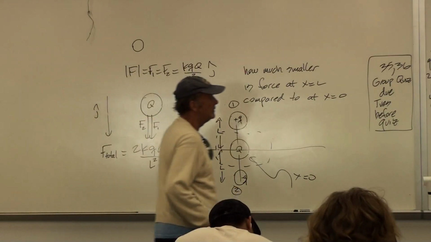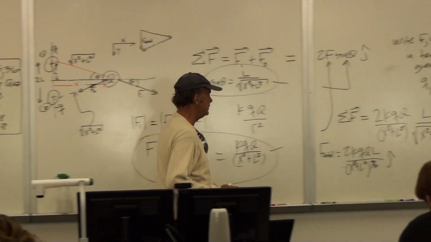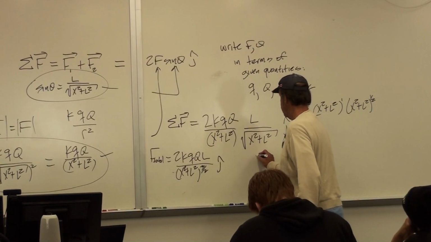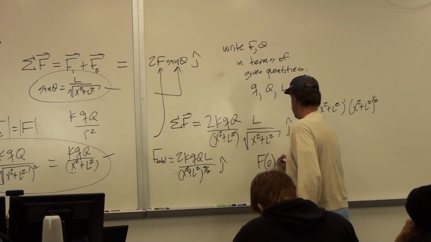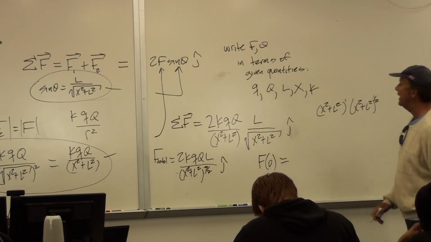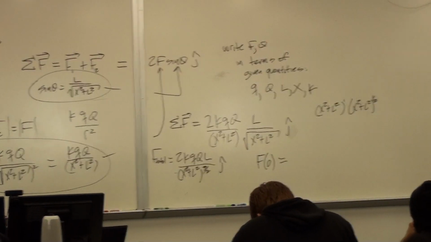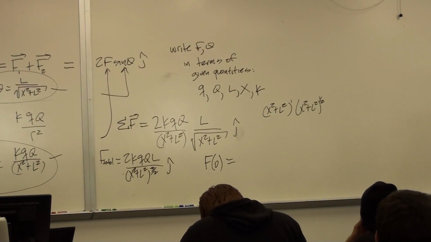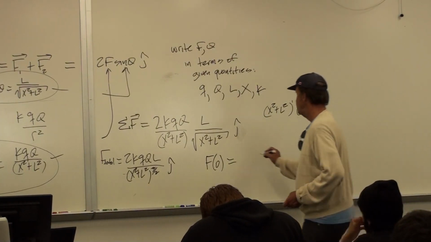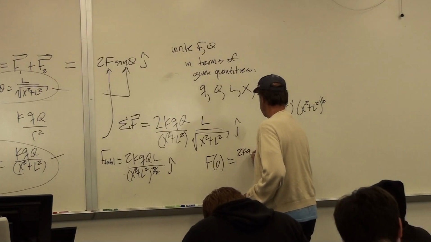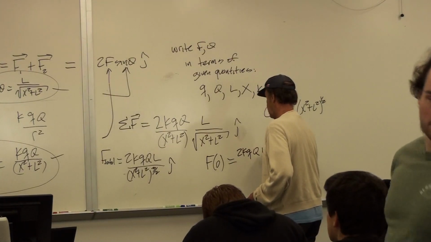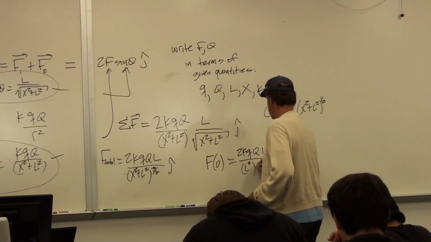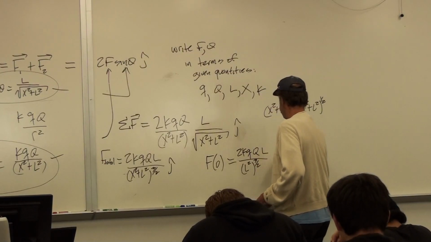Now let's go back to this and see what happens if we evaluate this at 0. F of 0. That doesn't mean F times 0. It means F evaluated as a function of x at x equals 0. So that's going to be 2k little q big Q L divided by 0 squared plus L squared to the 3/2 power.